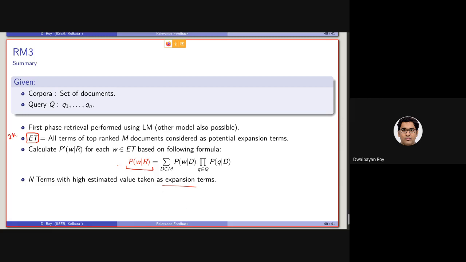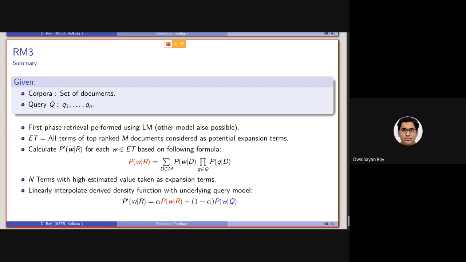For each of these 2000 terms, we'll compute this P(W|R), sort them based on this weight, and select the top words as the final expansion terms. Here we're considering the top n terms as the final expansion words. And finally we'll compute the linear interpolation here with the alpha parameter, interpolating with the query likelihood model.